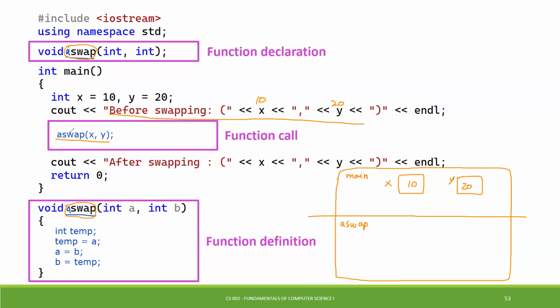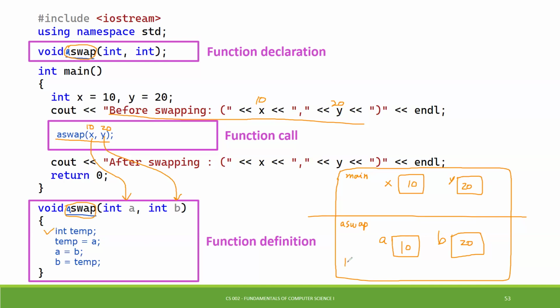And A swap is called. So I pass 10, 20. 10 will be passed to A, 20 will be passed to B. I have A and B here. So A has 10 from main, and B has 20, also from main. And then I create temp.